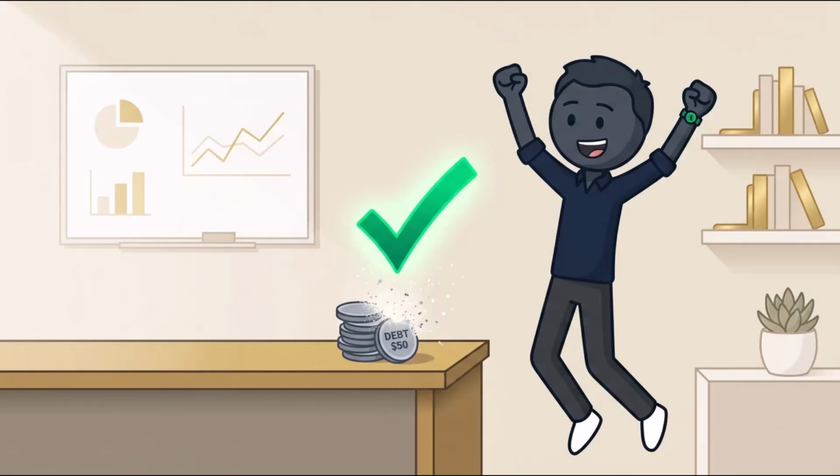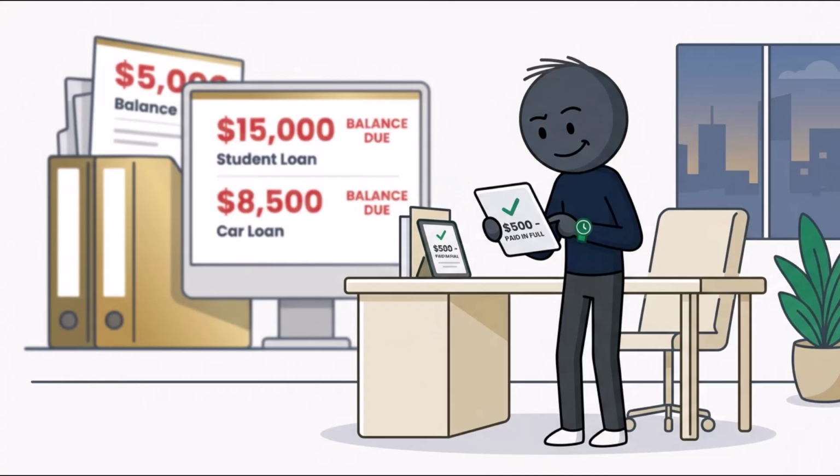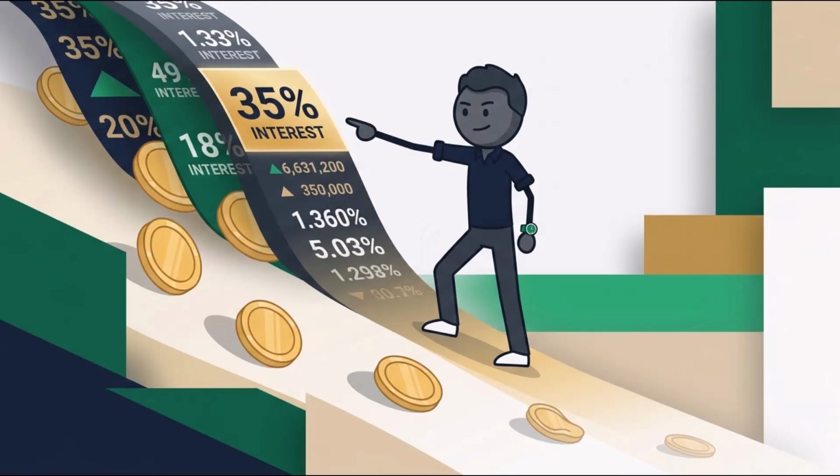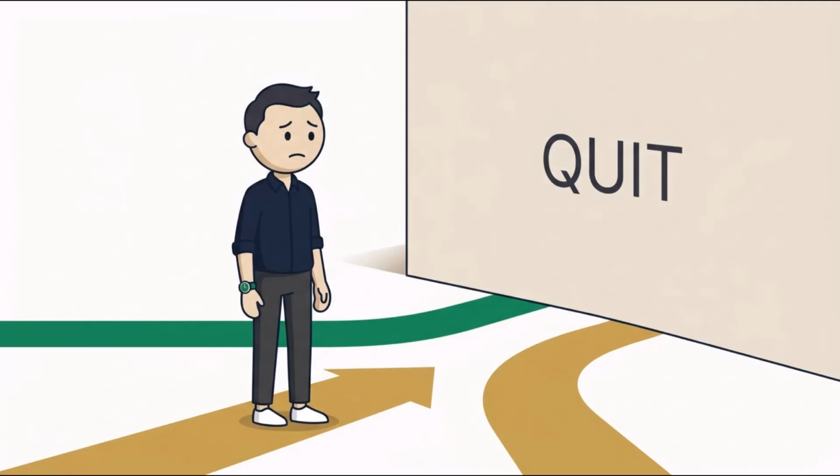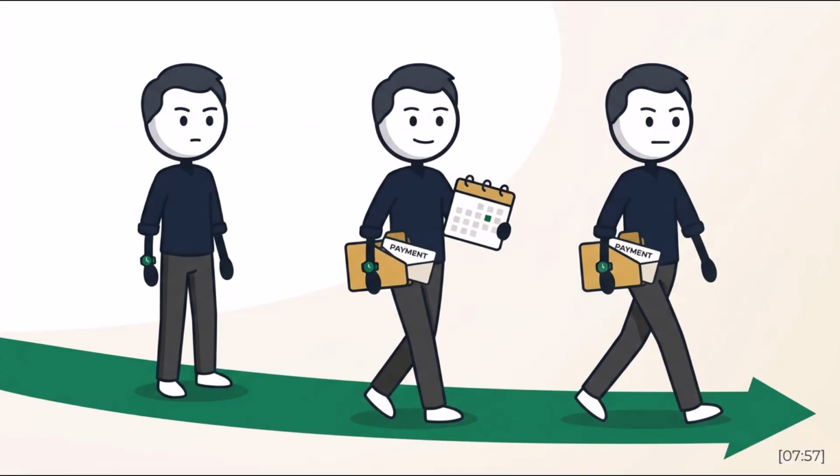The snowball method can provide faster psychological wins because you may eliminate an account sooner. The avalanche method focuses more directly on minimizing expensive interest. Neither strategy works if you quit after 2 months. So choose a repayment system you can follow consistently.